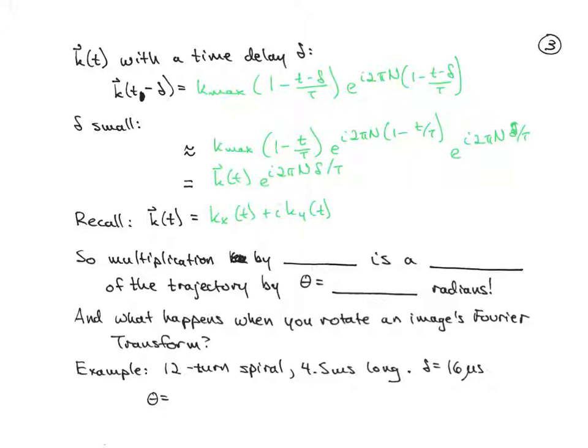And that means that in multiplying by e to the i 2 pi n delta over T, this multiplication is a rotation of the trajectory by 2 pi times n times delta over T radians. And what happens when you rotate an image's Fourier transform? The image itself rotates.